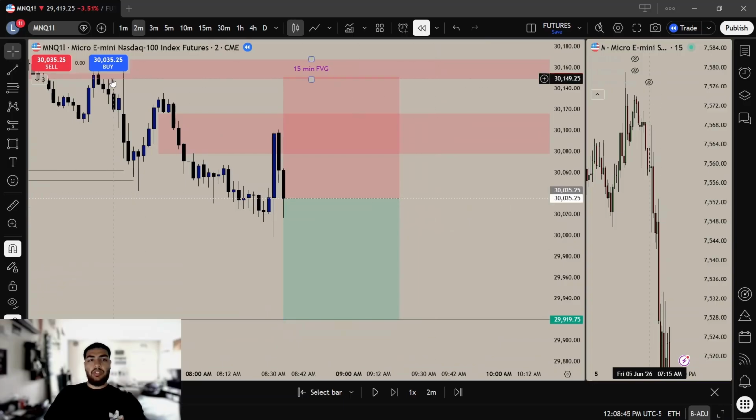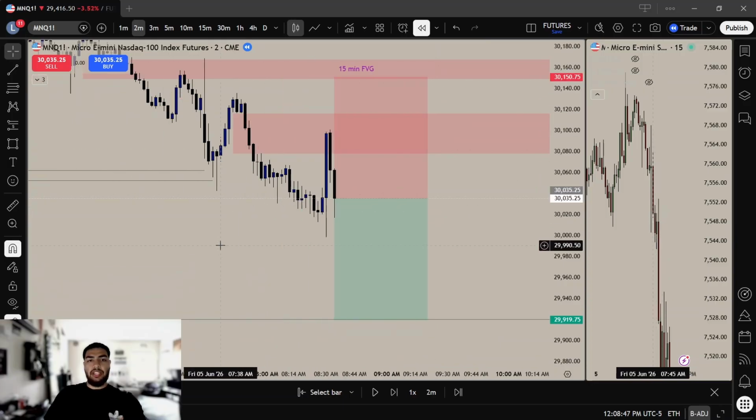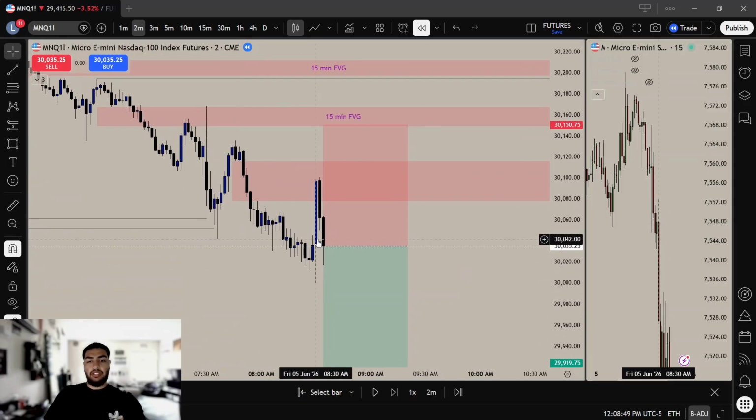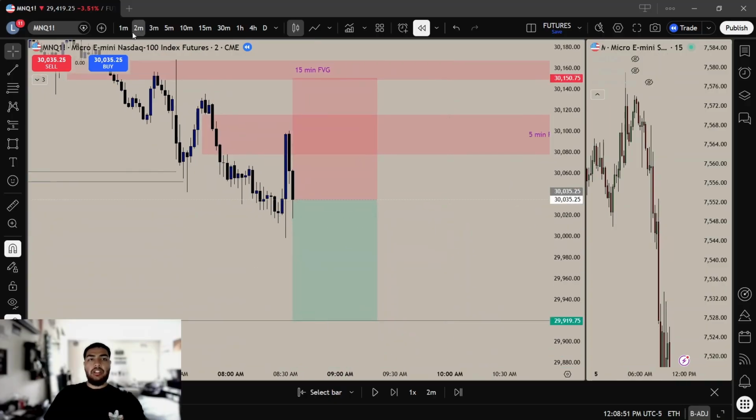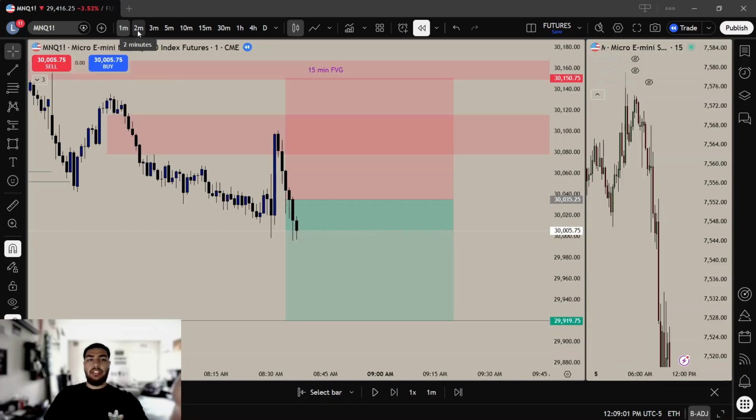So that's on the 2 minute. We inverse the 2-minute gap after going lower, so that's 8:30. After we shot up, inverse the gap back down, and then delivering. We should be taking out something there, maybe on the 30-second.